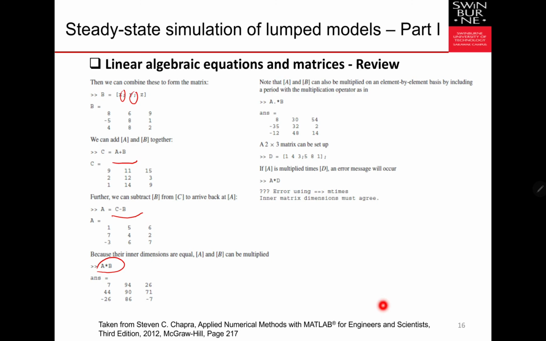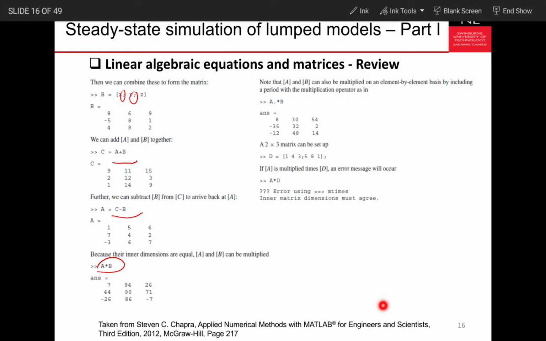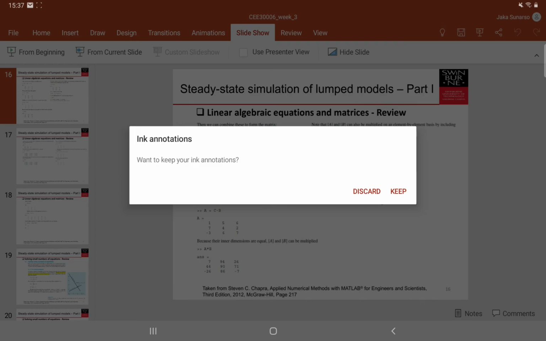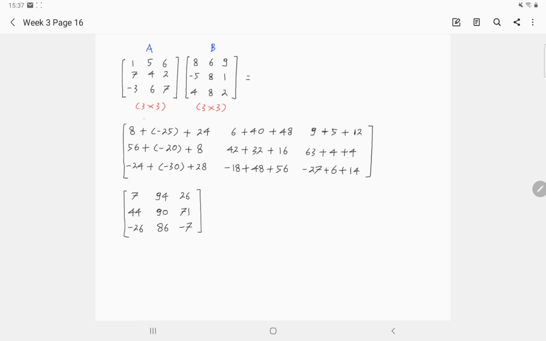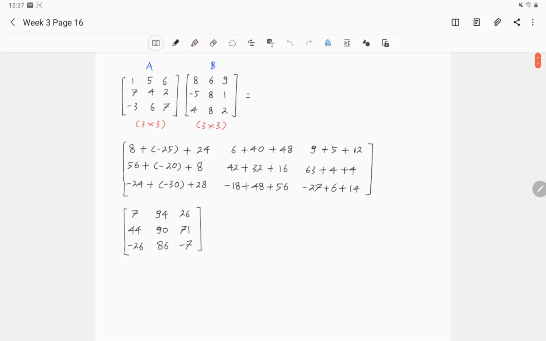I can show you in another note of mine. As you can see here, A is 3 by 3 and B is 3 by 3, so the final result will be 3 by 3, which I show here in red.